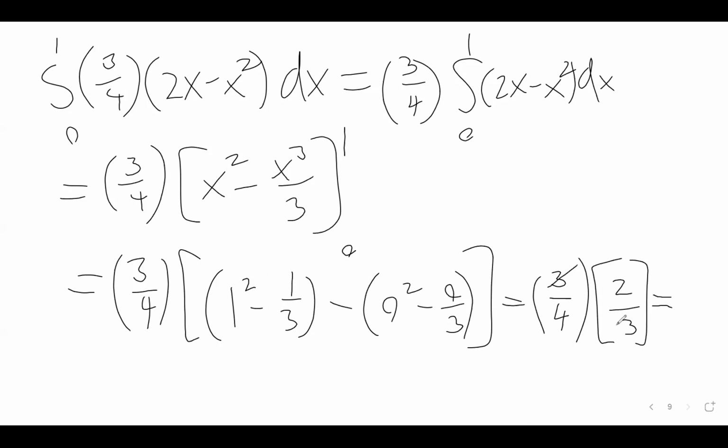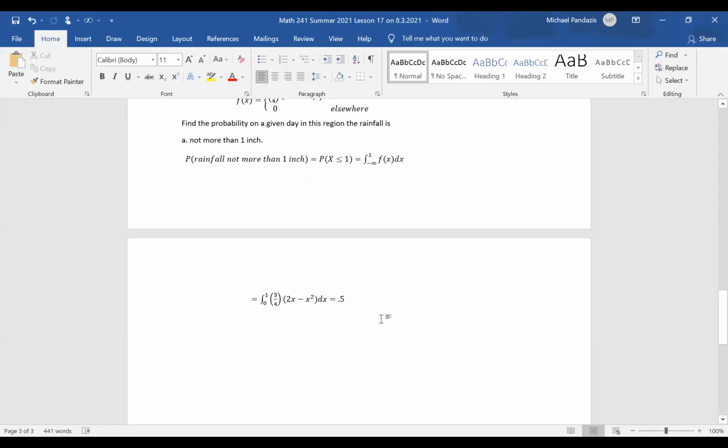The 3's cancel, and you get 2 over 4, which is 1/2. Okay, and 1/2 is 0.5. So this definite integral is equal to 1/2 or 0.5. Okay, so I'm showing you the calculation here, and I calculated the definite integral on the whiteboard.